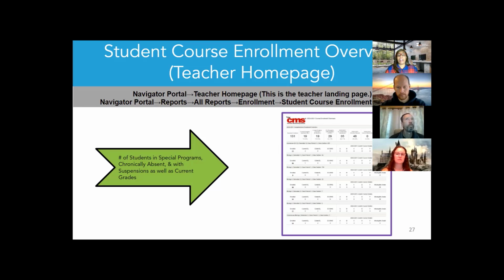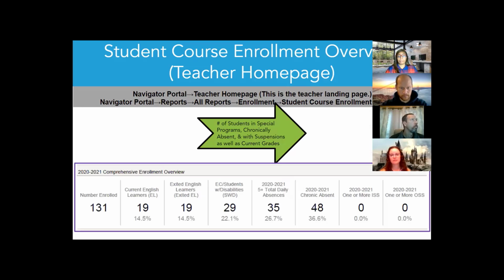So we had a course enrollment report, which had kind of just dumped all the kids in there, and it was just this huge report. This here makes it a little bit more manageable, and you're able to see your kids collectively at the top, but also by periods underneath.